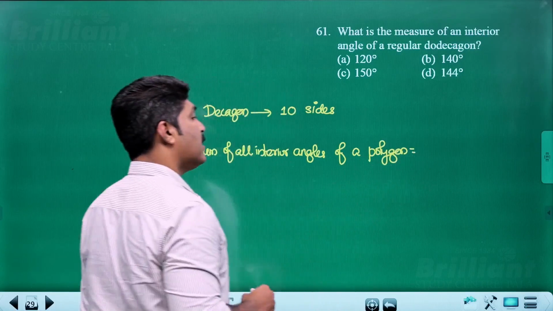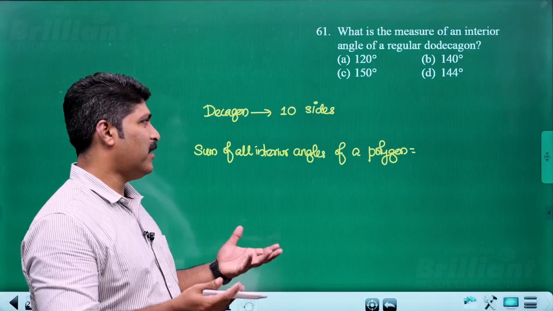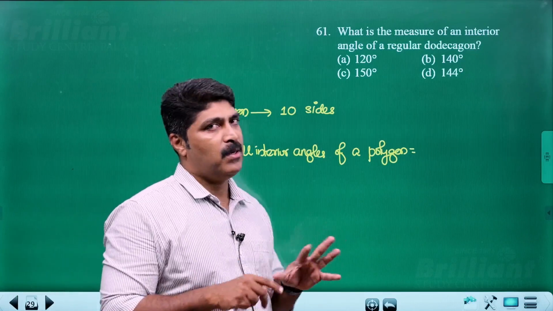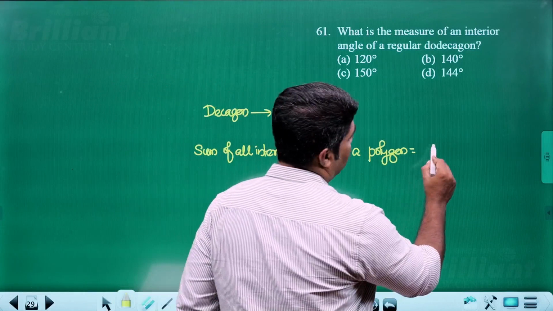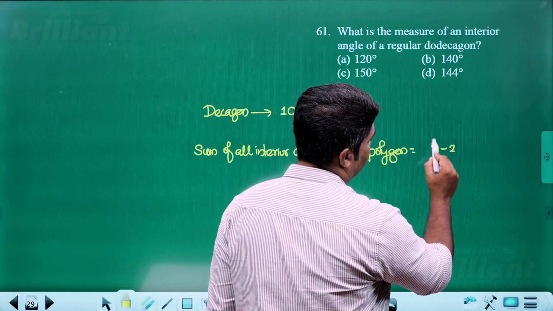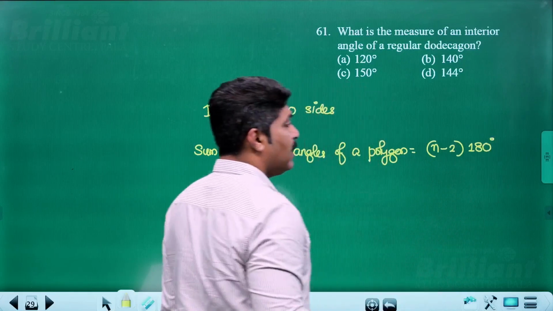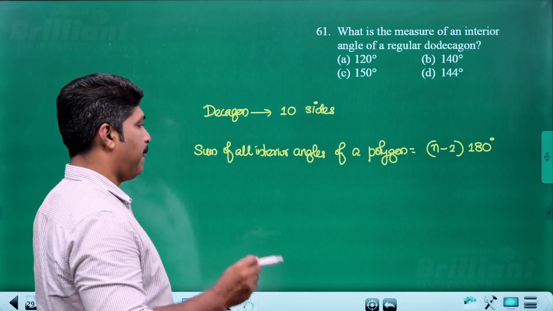We are discussing convex polygons, and usually we will get questions related to convex polygons, so we don't want to bother about that part. What is the sum of all interior angles? That is n minus 2 into 180 degree. Here n is the number of sides.